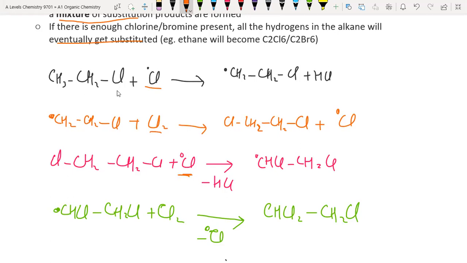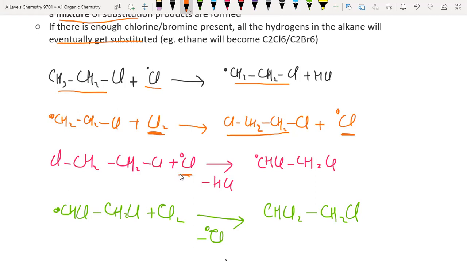This is chloroethane. When a second chlorine radical attacks the chloroethane, it converts it into a chloroethyl radical. This chloroethyl radical is now reactive and can react with another chlorine molecule to convert it into dichloroethane and a chlorine radical.